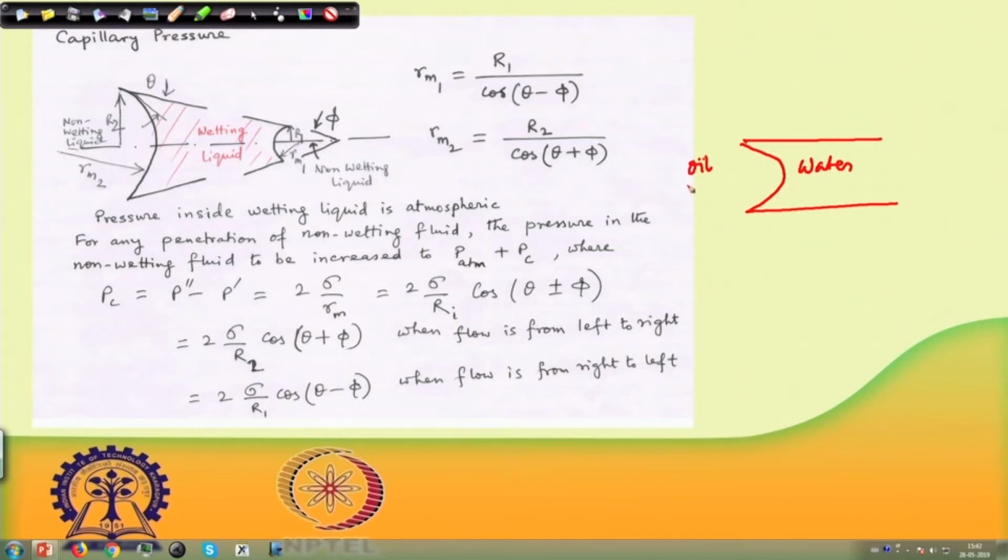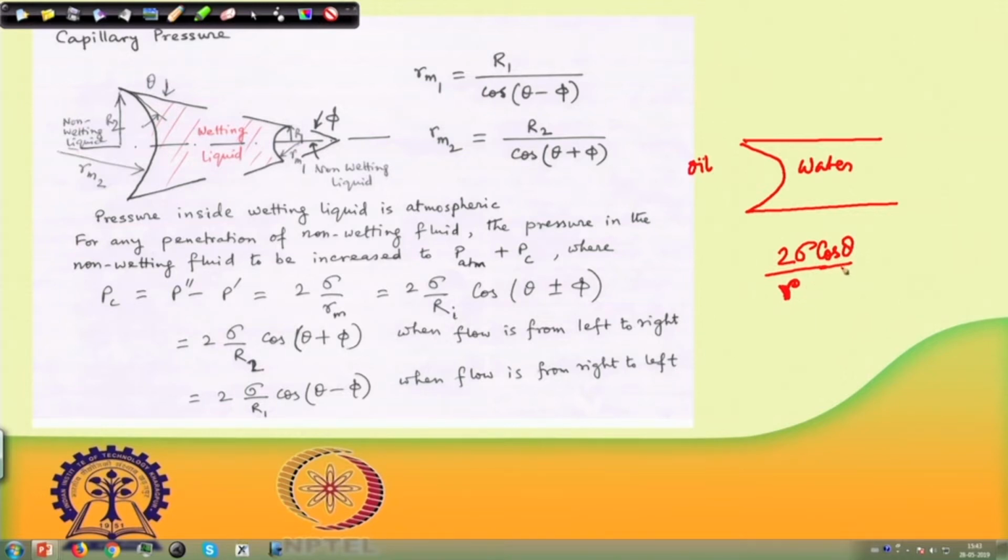But if oil is outside and water is inside, to establish the flow one has to overcome this capillary pressure, and that capillary pressure in this case we found was 2 sigma by r, where r is the radius of the capillary. One can put in the cos theta term, so 2 sigma cos theta divided by r.